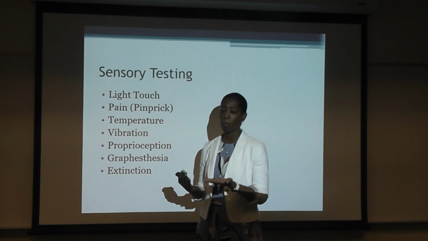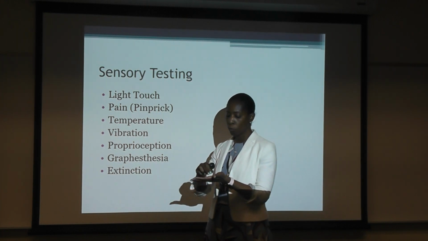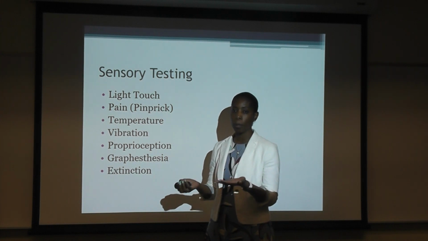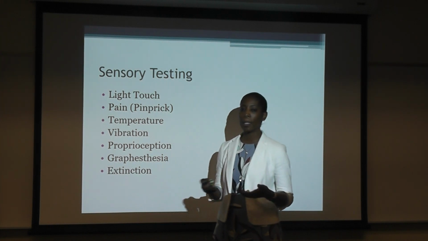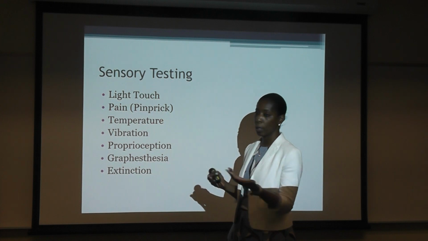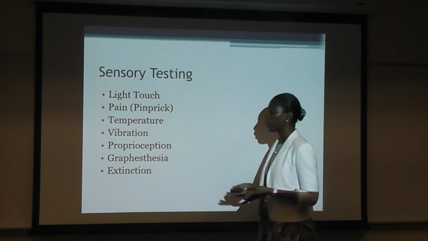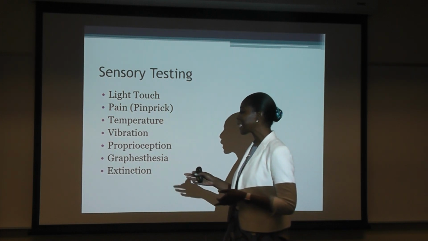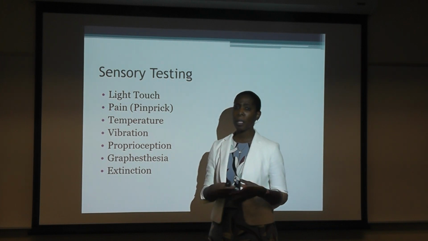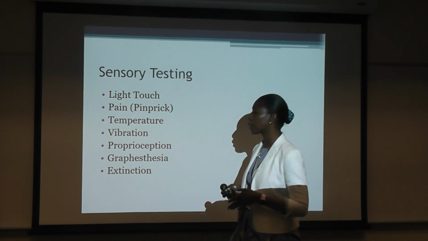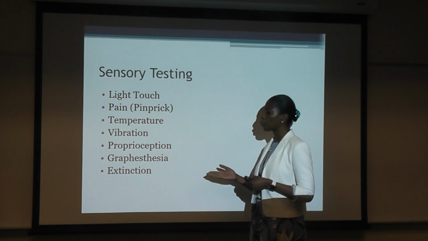Graphesthesia, you can see this a lot with strokes, where I can write a letter in your hand and you should be able to tell me what it is. If you can't, that's agraphesthesia, and that usually corresponds with a parietal hemisphere stroke. Extinction, a lot of times you see that with a right parietal hemisphere stroke. This is usually an MCA stroke.